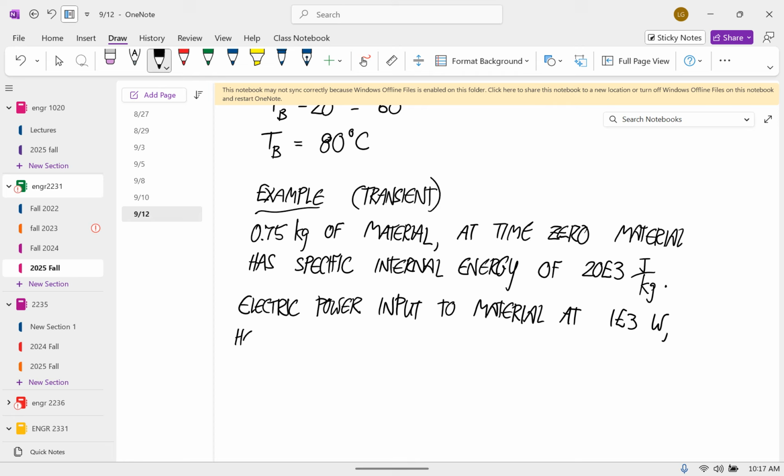And heat is lost from the material at a rate of 5 times 10 to the second watts.